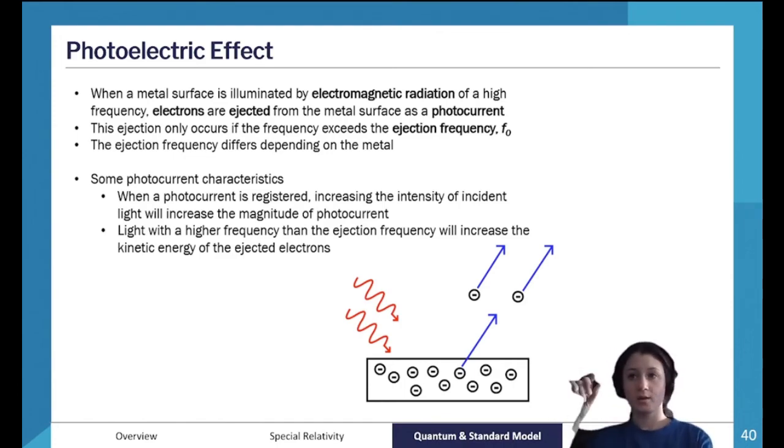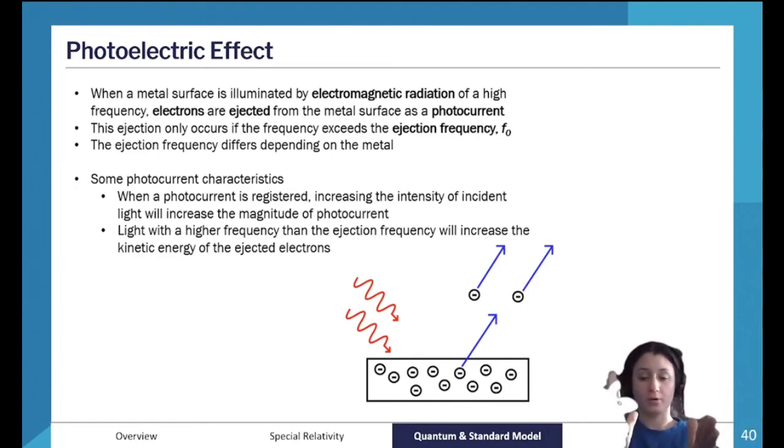So, if you increase the frequency of the light, then that will increase the amount of energy that the electrons have. But if you have a really, really high frequency, but a really dim light, only a few electrons will come out. So what I'm getting at is the frequency of the light tells you the energy that the electrons have.